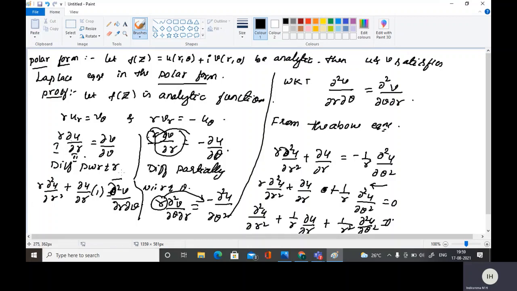So we have to prove that U and V both satisfy the harmonic property. Here only U is satisfied, so we have to show that V also satisfies the harmonic property. So U is harmonic.